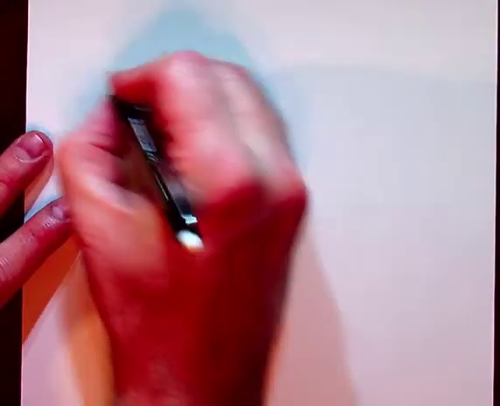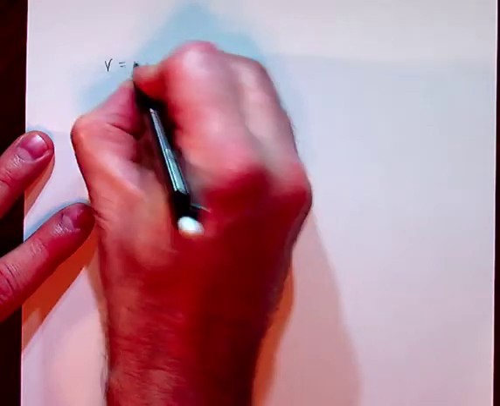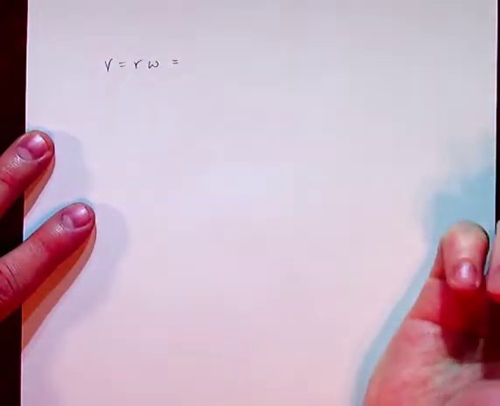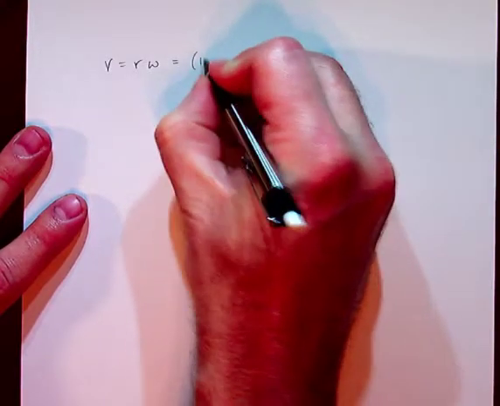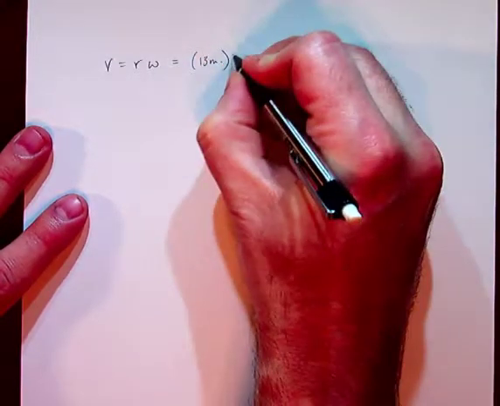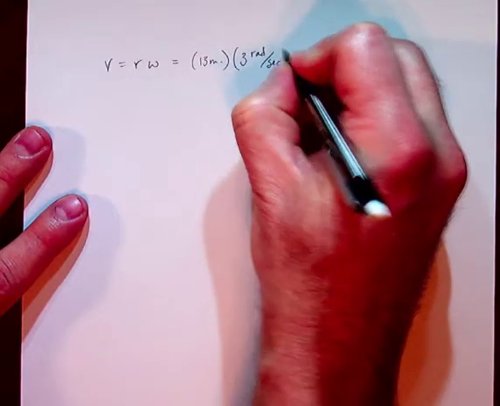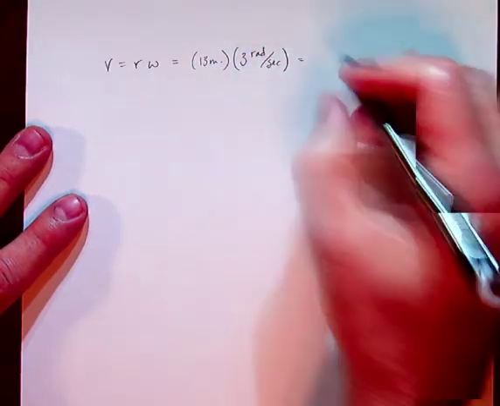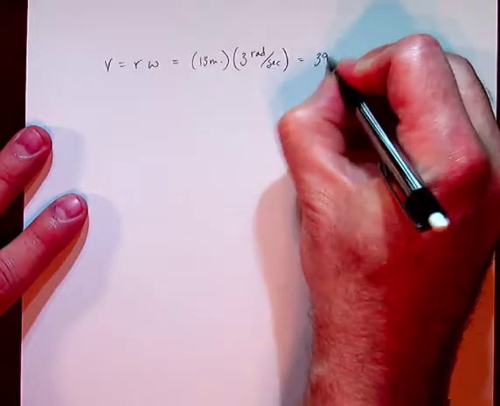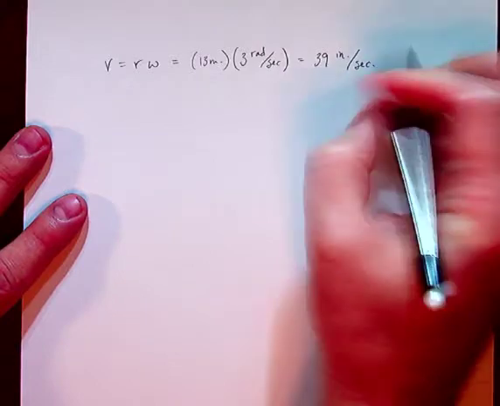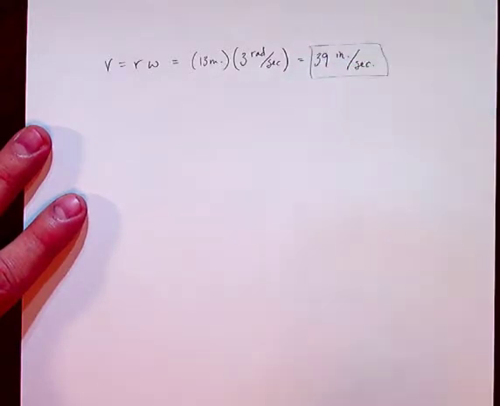Now, let's say that you have v is equal to r omega. We've already talked about that. Your r is 13 inches, and your omega is 3 radians per second. That means that, because radians is sort of a pseudo unit, it kind of disappears, you have 39 inches per second in linear velocity.